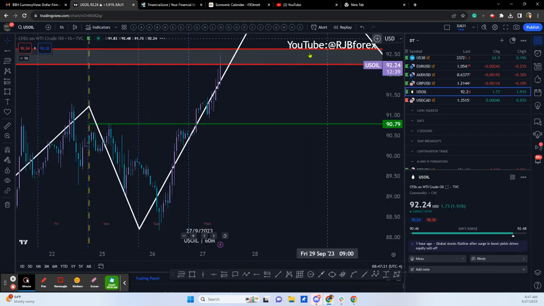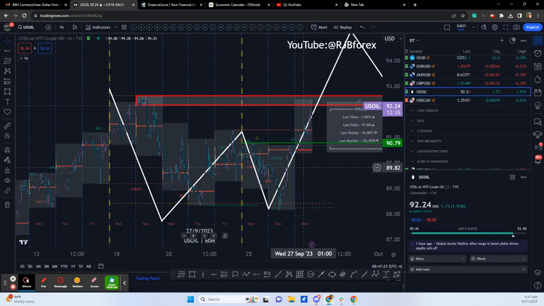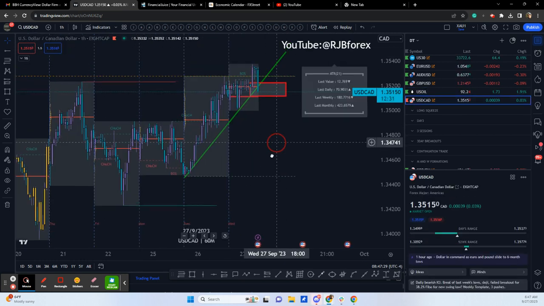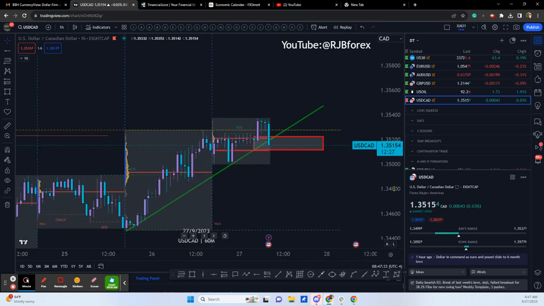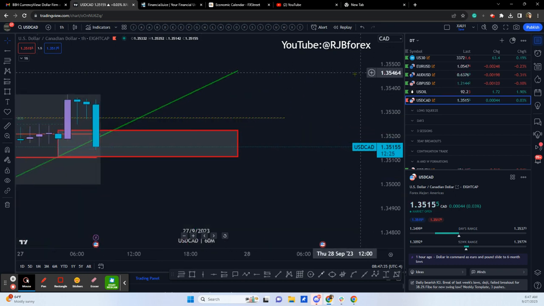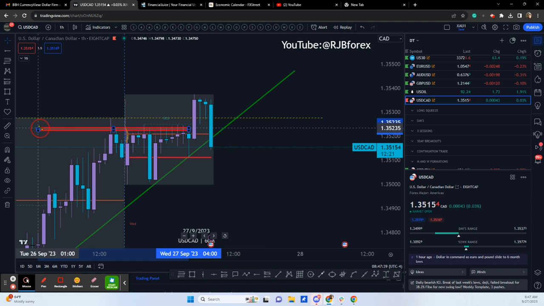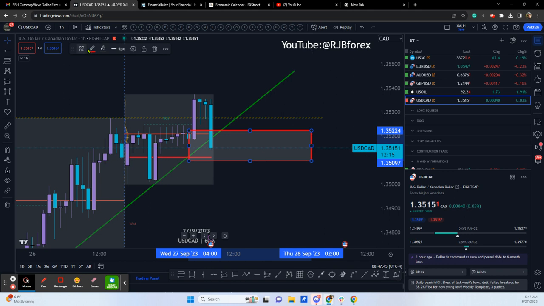Oil, we're looking for oil to continue higher, and that would be the fuel to help the Canadian dollar on its way lower. So we're coming in towards yesterday's closing price over here. All of this in here is support.